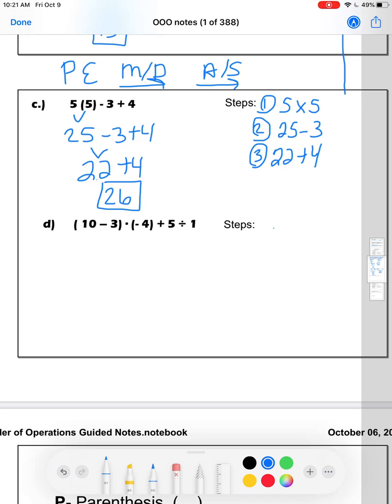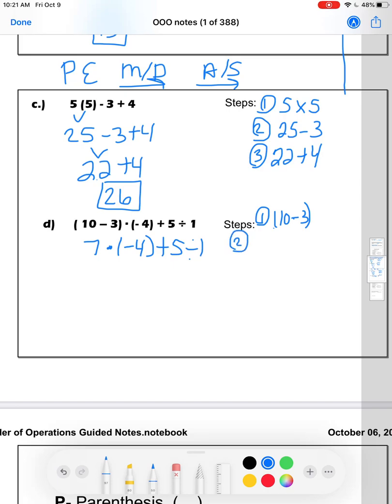All right, next one. We have the parentheses 10 minus 3, times negative 4, plus 5 divided by 1. So step number 1 is going to be our parentheses, 10 minus 3. So we get 7 times negative 4 plus 5 divided by 1.